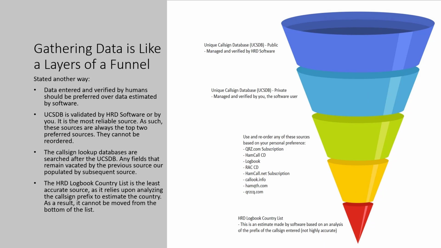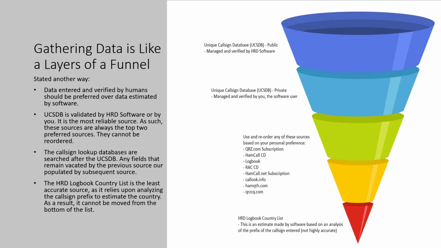So we maintain that, and when we publish country list updates that you can get automatically within the software, you're getting not only the country data, but also the unique call sign data that we're adding to that. And you'll see over on the top end of the funnel, that source is always going to be considered first. I'll show you a little bit about why in a few minutes.